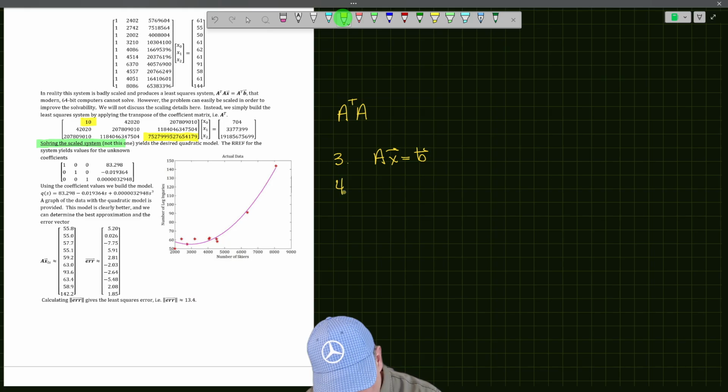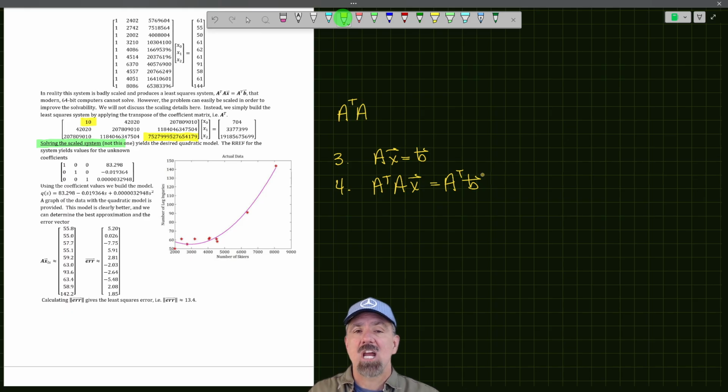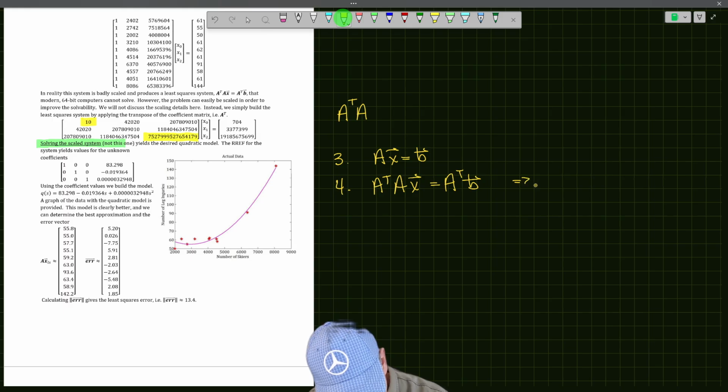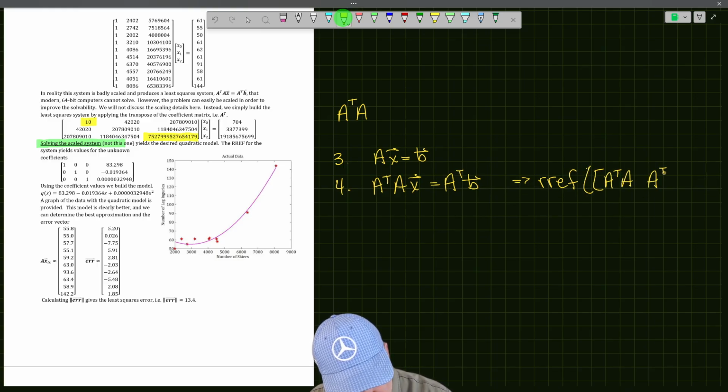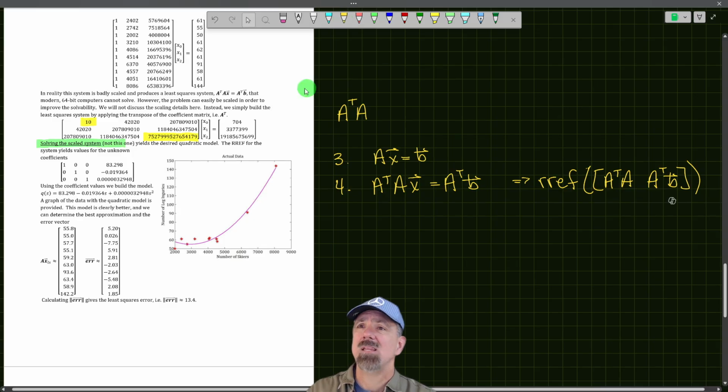And then we're going to apply A transpose A to both sides, which is what provides us with the projection, if you will, of B into the column space of A. And then we can RREF and solve the system of equations just like we always would. And the result of this is going to be the solution. So this is the RREF of A transpose A augmented with A transpose B. And that gives us our solution.